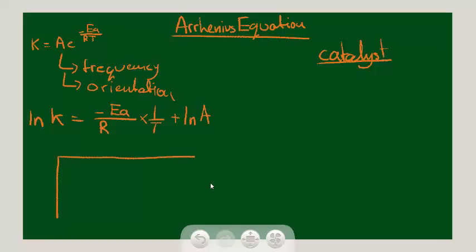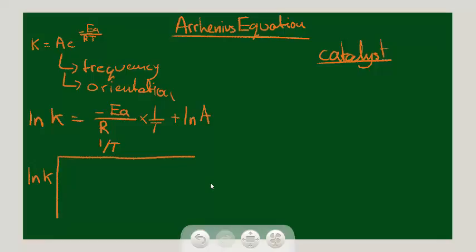The y-axis would be ln k, and this is extremely important. The x-axis would be 1 over T, and this would be measured in the reciprocal of the Kelvin.